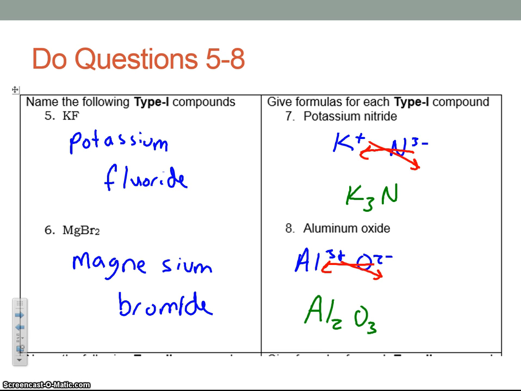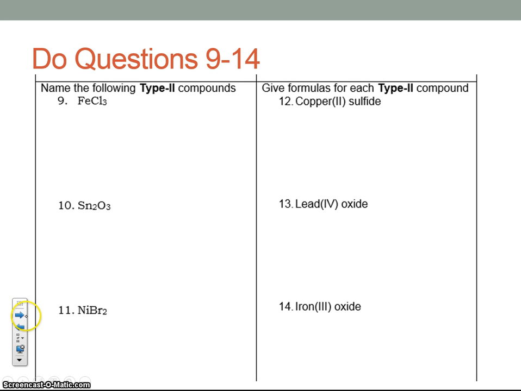And again, presuming that there's still more than 10 minutes left in the period, I'd like you to try 9 through 14. So that's what I would like you to do now. So if the sub could pause the video, set the timer for, we'll say 6 minutes this time.